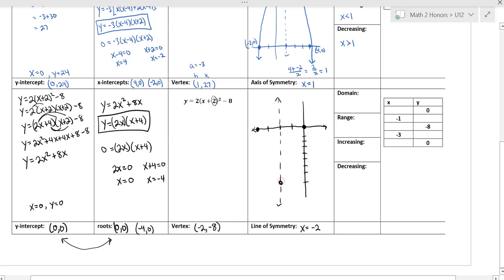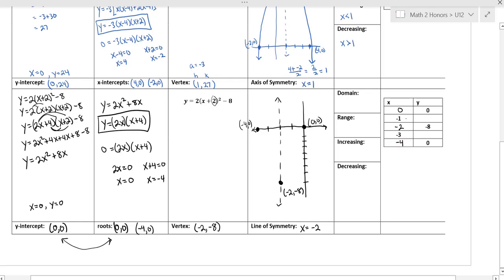I have a vertex at -2, -8. And I'm going to put those points in. So we got -2, -8 as the vertex. We have 0, 0, and we have -4, 0.